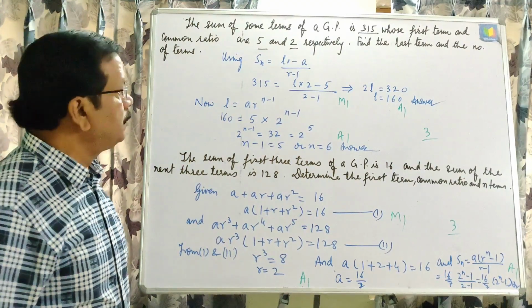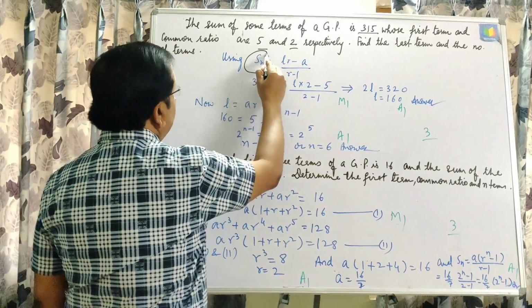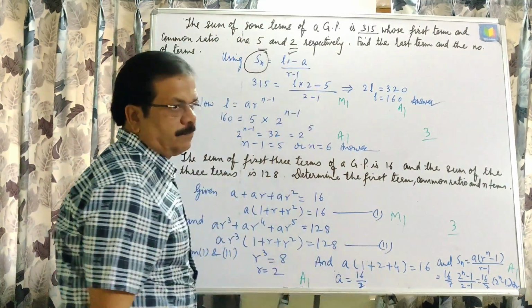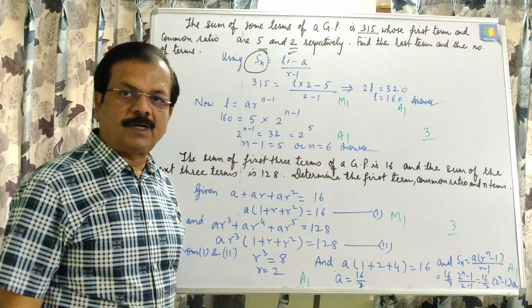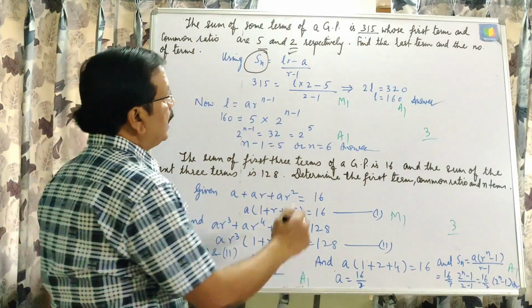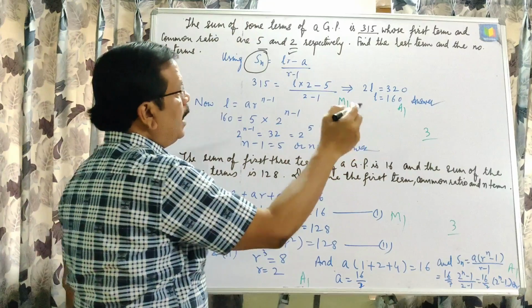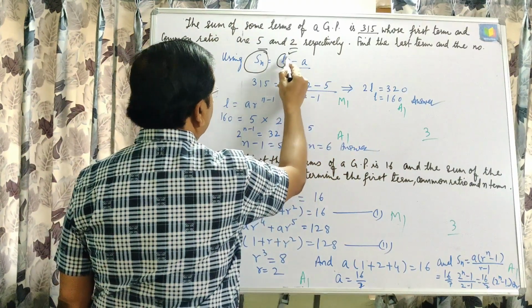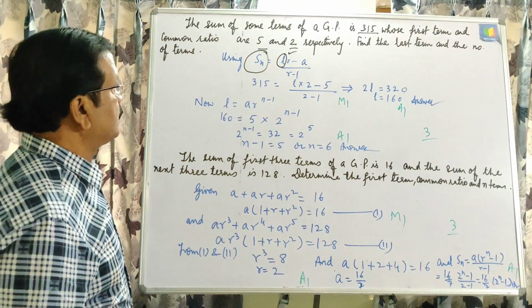Let the number of terms be n, then the sum of n terms in terms of the last term. We know the formula A r to the power n minus 1 upon r minus 1. With the help of this, we can find A r to the power n minus 1 and r. A r to the power n minus 1 can be written as L, then (L r minus A) upon r minus 1.